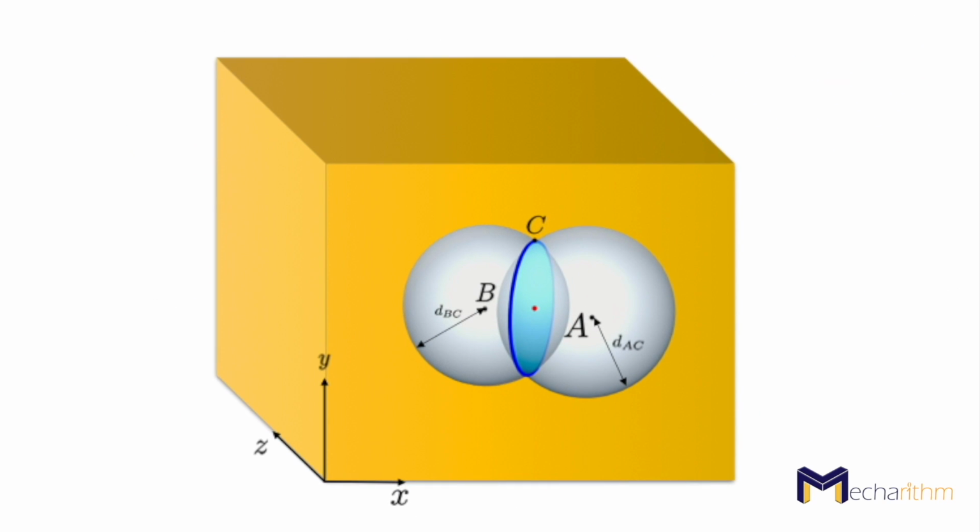For the third point, the distance of this point to A and B should be constant. So C can only be on the circle of the intersection of 2 spheres, and this gives us 1 rotational degree of freedom. In other words, with 3 coordinates for C and 2 independent constraints, we have only 1 degree of freedom.